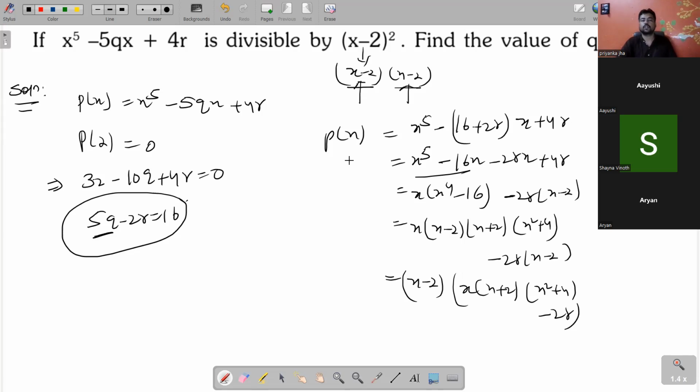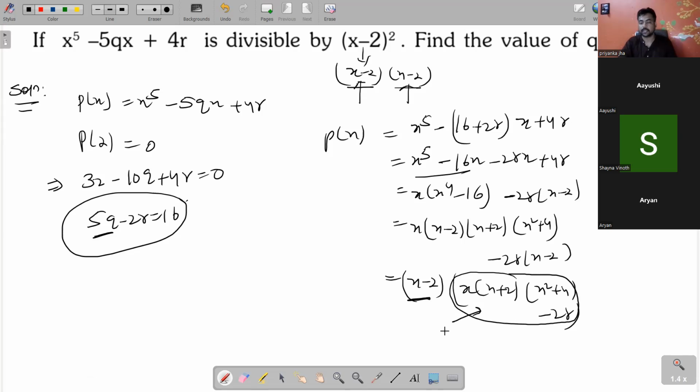Now see, this polynomial has one x minus 2 factor that we got. Because this polynomial has to be divisible by (x minus 2) whole square, there must be one more x minus 2. So this remaining term must be divisible by x minus 2.